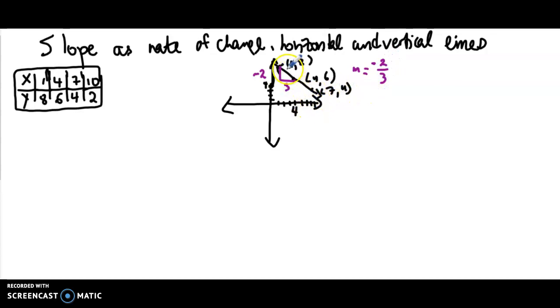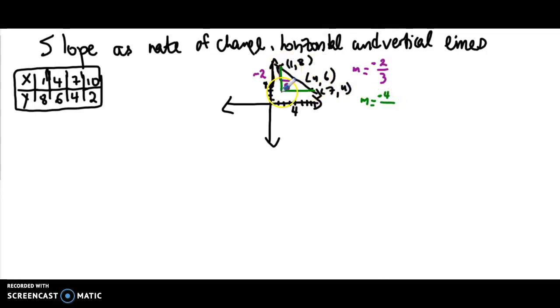Now, let's say you didn't want to go from here to here. You wanted to go from here to the other point. All right, let's grab another marker. So I'm going to go from here all the way down here now. There's another slope triangle. On the y movement, I'm going from 8 down to 4, so -4.